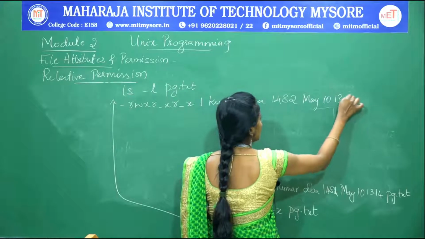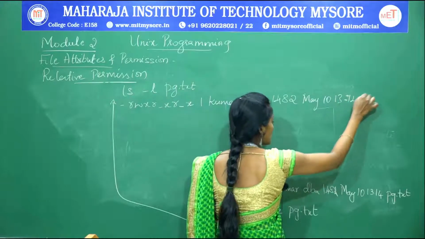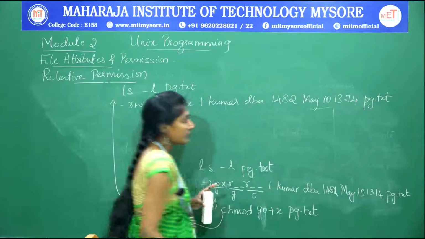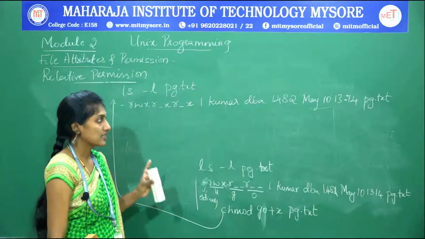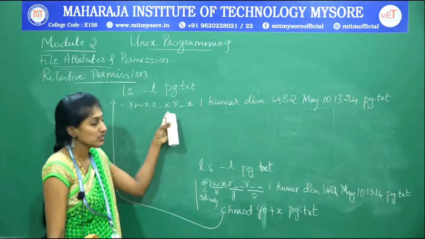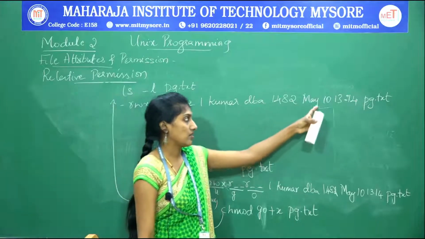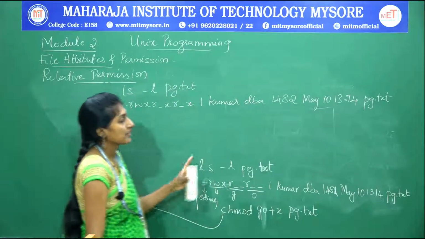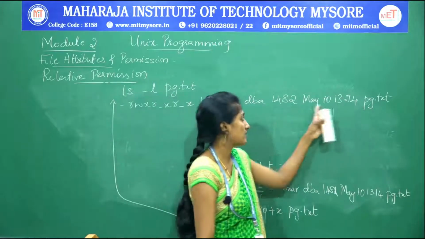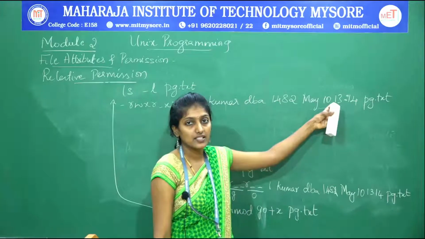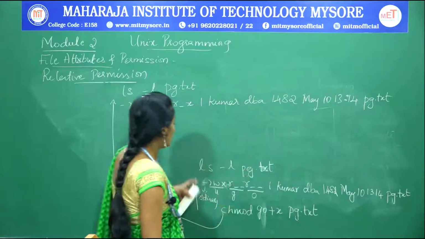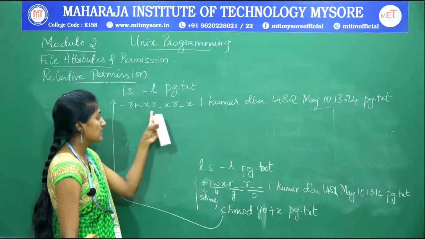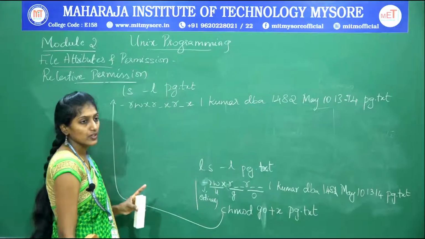As you can see here, the last modification time has not changed, because you are not modifying the content of the file, instead you are just modifying the file permission. So the size and last modification time will not change here. If you modify the content of this file pg.txt, then this modification time is going to change. After this, if you execute ls -l pg.txt, this is the output you will get.